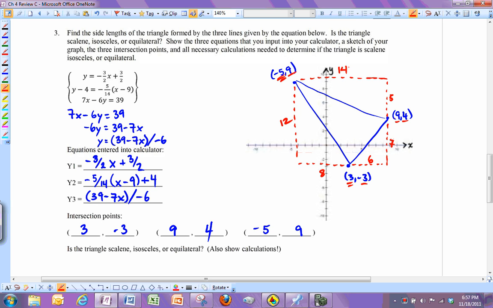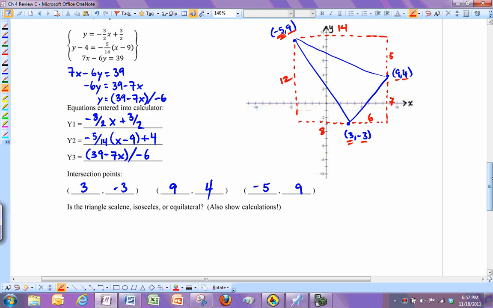Okay, so let's do Pythagorean theorem on this. 12 squared plus 8 squared equals c squared gives me 208, so that c will be root 208. If I do 6 squared plus 7 squared equals c squared for this other line, I get 49 plus 36, which is 85, and then I'll take the square root.